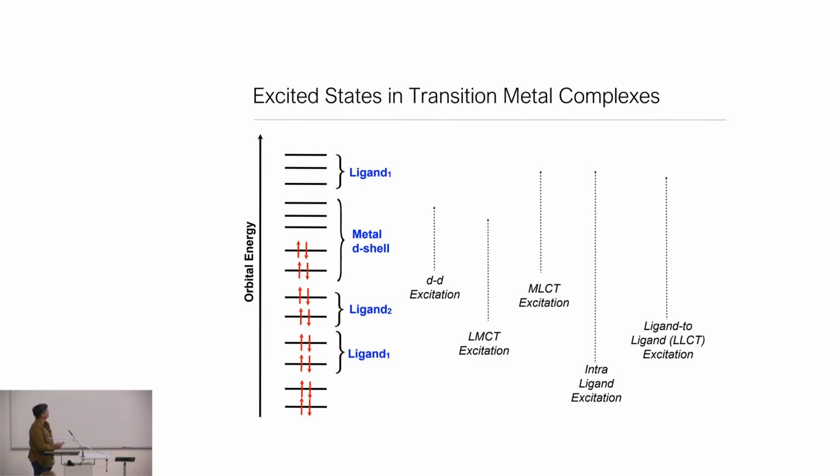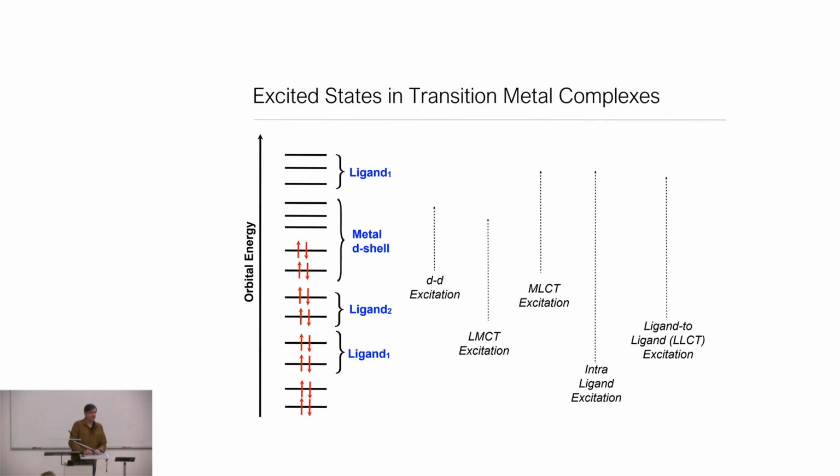Then ligand to metal charge transfer transitions, when you move an electron out of a doubly occupied ligand orbital into the metal d shell, or an MLCT, a metal to ligand charge transfer excitation, if you move an electron out of an occupied metal orbital into an empty ligand orbital. Then there are also, of course, intra-ligand excitations, where you move electrons from an occupied ligand orbital into an empty orbital of the same ligand.